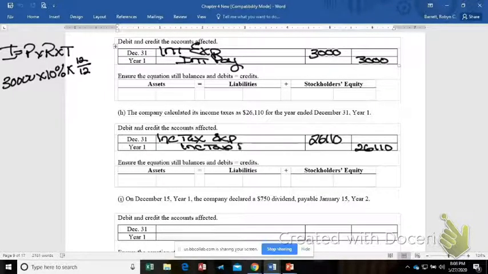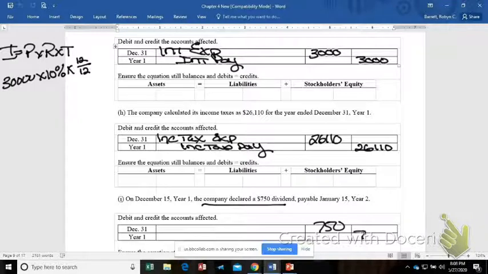All right, and then the last one. I do not like that they put this problem here because it is not an adjusting entry. It happens after everything is done, and we haven't even talked about it yet, but we'll go ahead and do it. A company declares a dividend of $7.50.